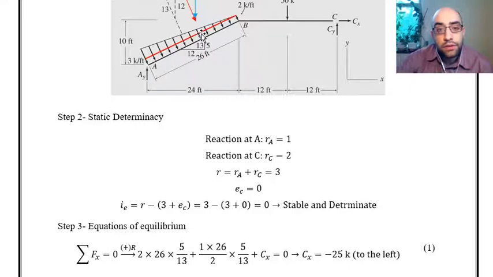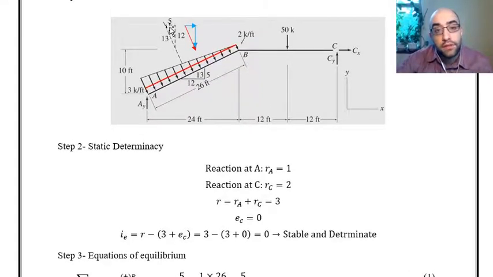So for the rectangular shape, I know the total force because of the distributed load will be the area under the load. That will be 2 multiplied by 26, as you can see over here. And then I have to find the horizontal component of this inclined load. That will be 5 over 13, right?